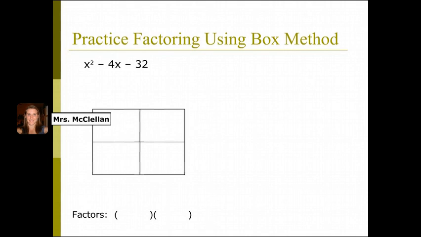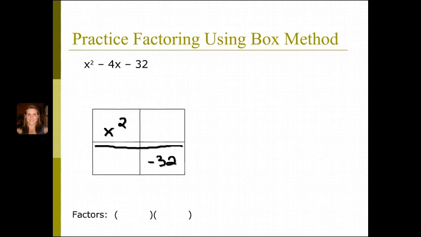Okay, so again, to use the box method, we need to take our first term, put it in our first box. Our last term goes in the last box. Multiply them together and we get negative 32x squared. And we're looking for the factors that add up to negative 4.